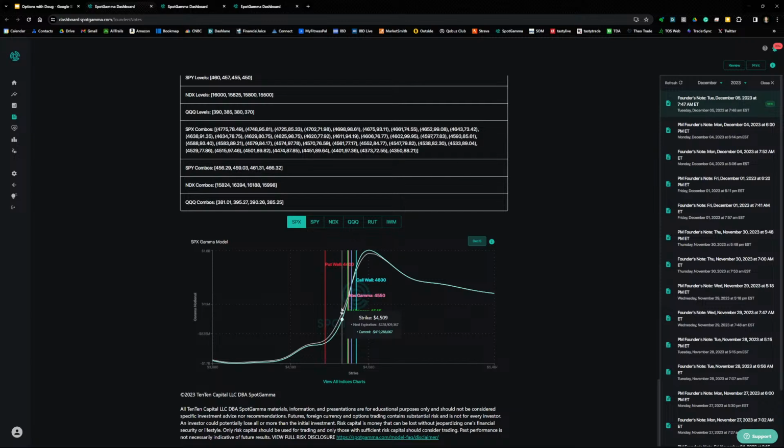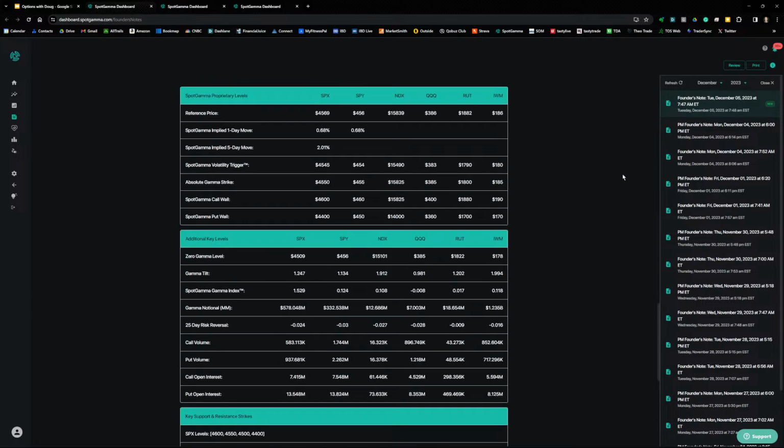So that's the zero gamma level. And typically, SpotGamma looks at the volatility trigger, giving that more importance than the zero gamma level. But the zero gamma level is the point on this curve where it actually shifts from negative to positive. All right, Stephen, I hope that answers your question.